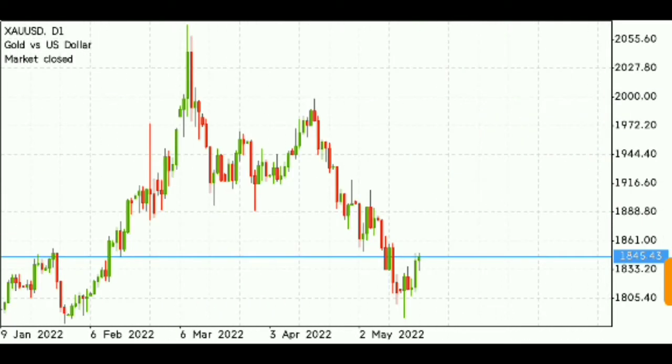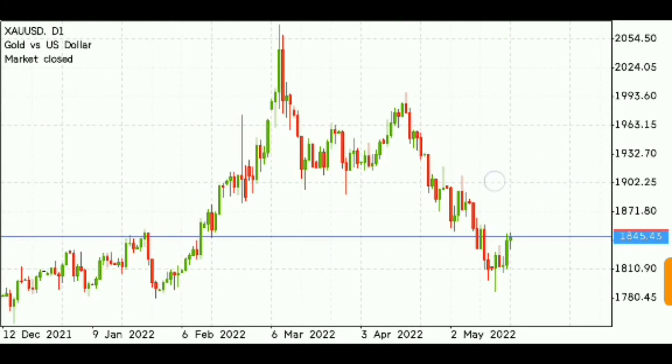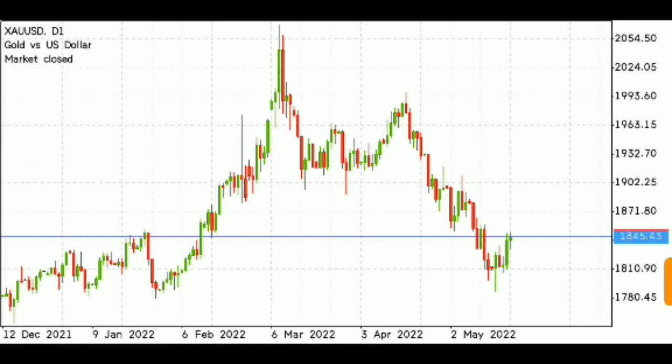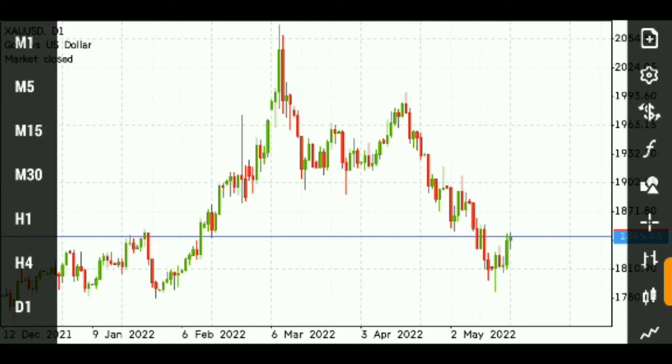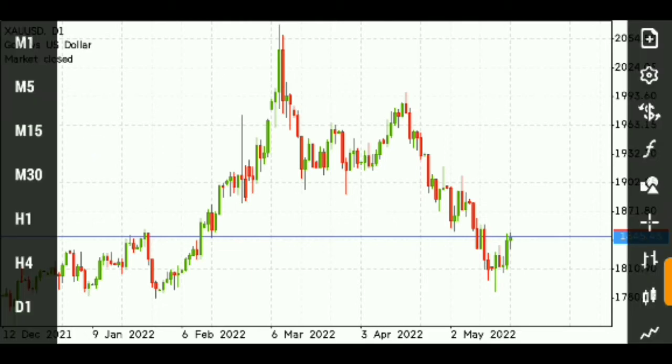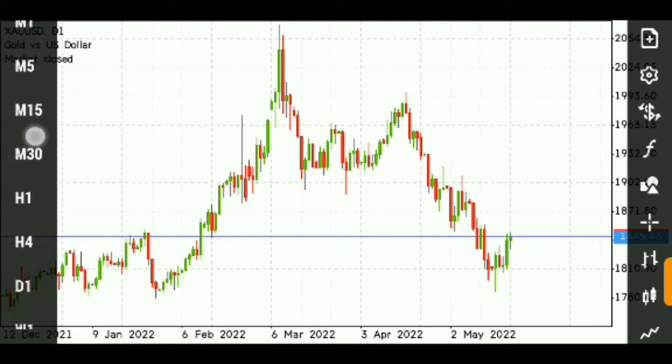This is your gold USD market, and when you touch your screen once, you see on your left your different time frames. I know for most of us, we're new in here, and we don't know how to navigate this.